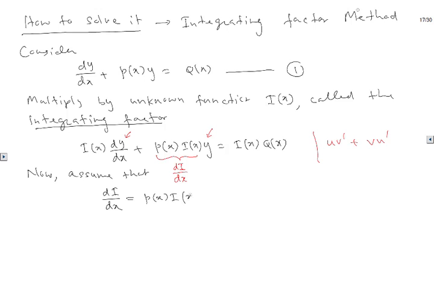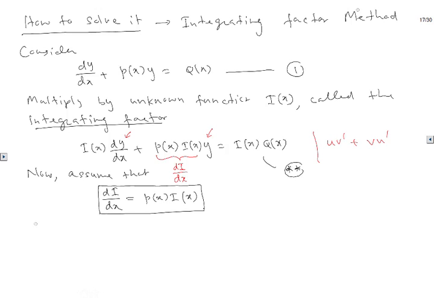That's a big assumption, and we're going to work with it and come back to this assumption later. Now if we make that assumption, what can we do? I'm going to call this equation double star, so I can refer to it.